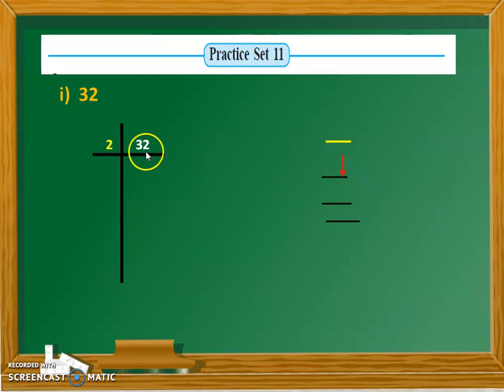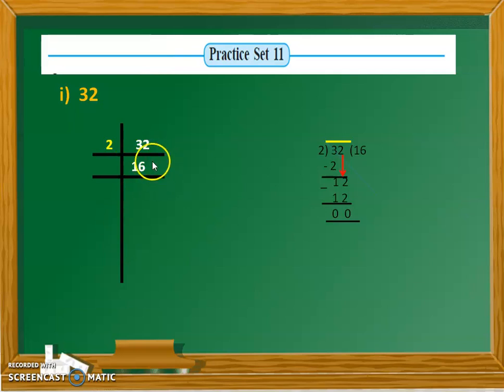Here it has 2 at the unit place, which means it will divide by 2, and by doing this kind of division, that is the repetitive division. When we divide this 32 by 2, we get the answer 16. So here we are going to write 16. The same division method you are going to repeat for every number till we get 1.